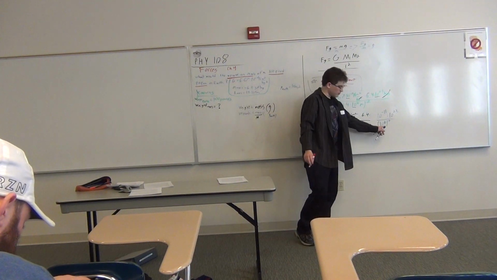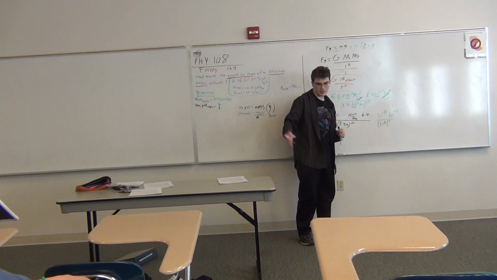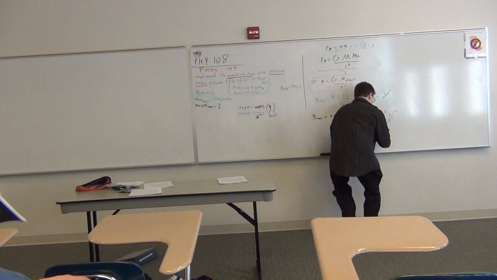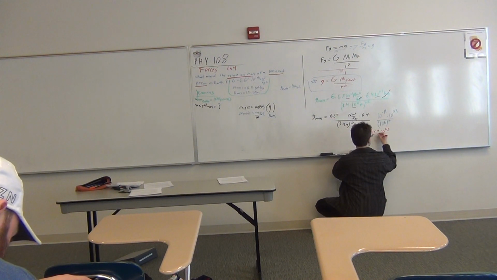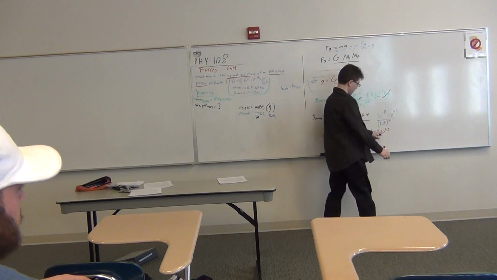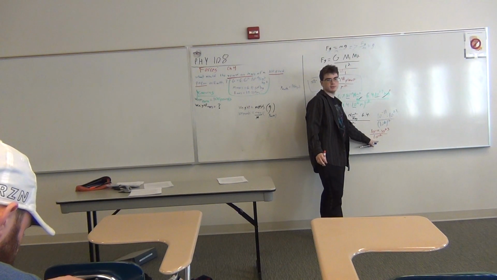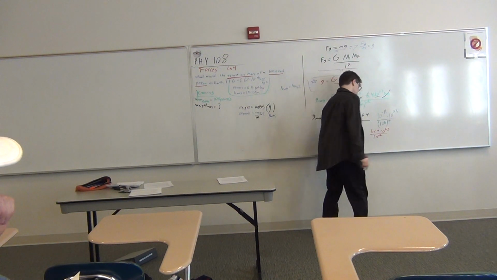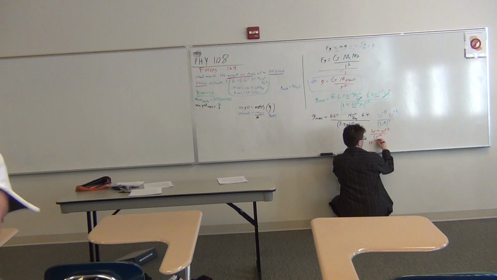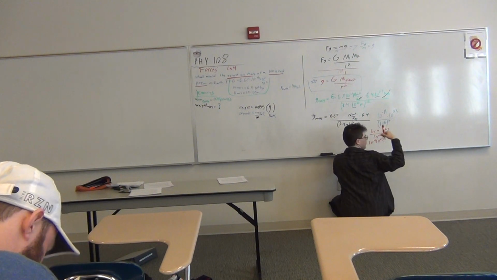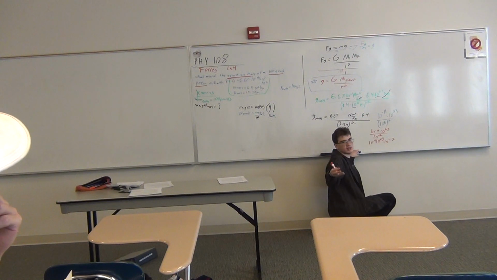What does 10 to the 6 squared become? 10 to the 12. So that becomes 10 to the negative 11 times 10 to the 23 times 10 to the minus 12, the same as subtracting the 12.